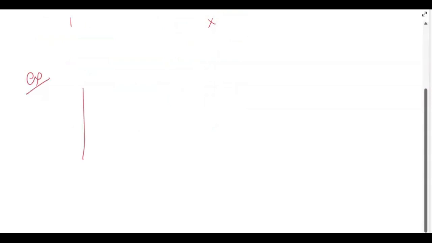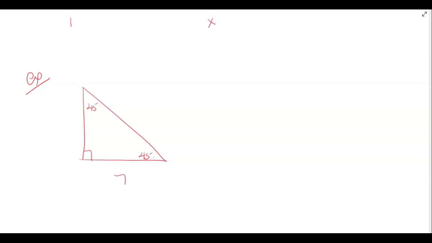Let's say we have a 45, 45, 90 triangle, and you're given side length 7. And you need to find the other side lengths. Well, you know that both of the legs have to be the same. So clearly that guy also has to be 7.